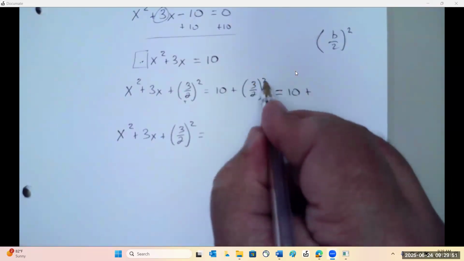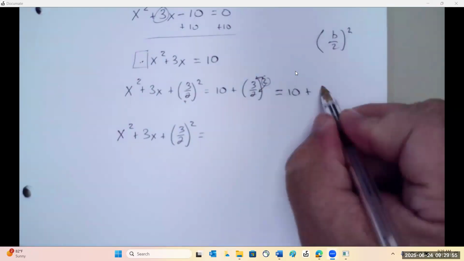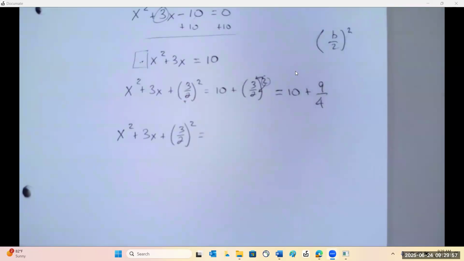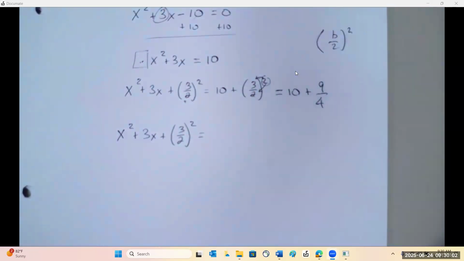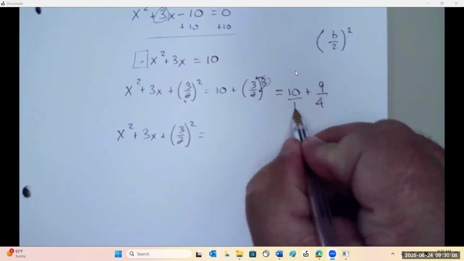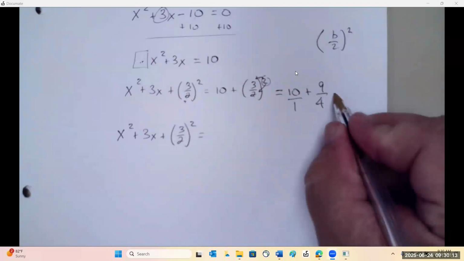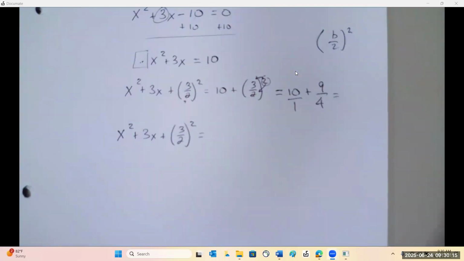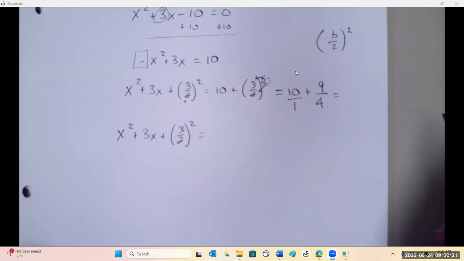So 3 over 2 squared means that both the top and the bottom get squared. So it becomes 9 over 4. 3 squared, 2 squared. They're both fractions. So what's the rule about adding fractions? What do you need? You need the LCD. But an easy way to add or subtract fractions is with the butterfly method.